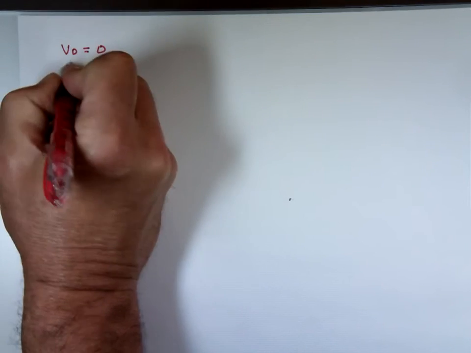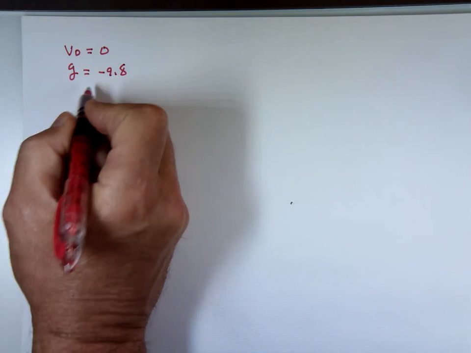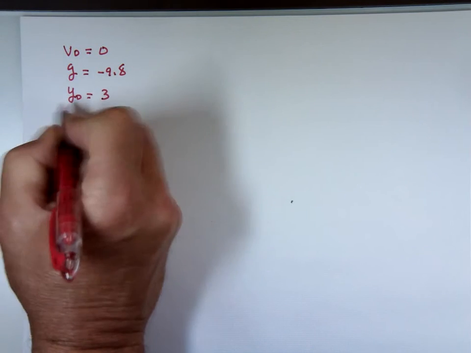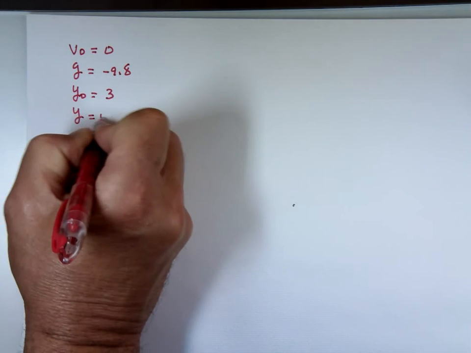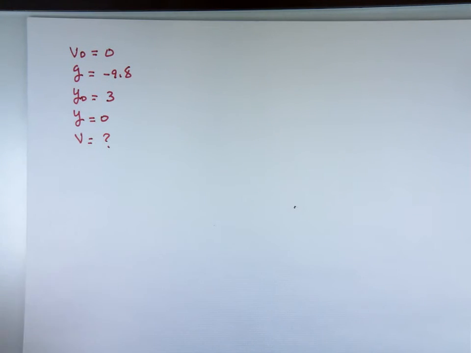We know gravity, which is negative 9.8. We know the initial height, which is 3. We know the final height, which is 0. And we're looking for the final velocity.